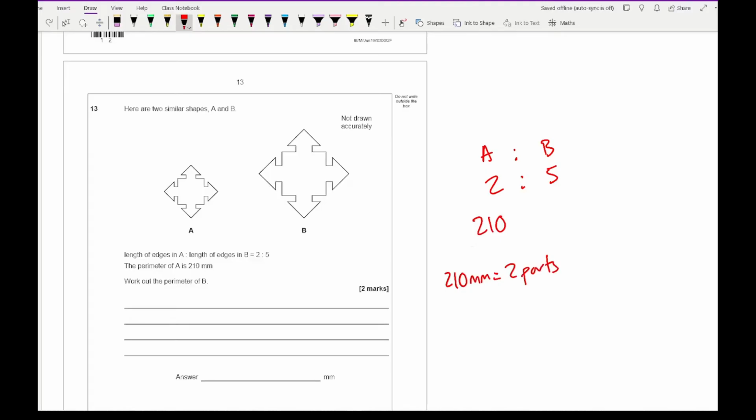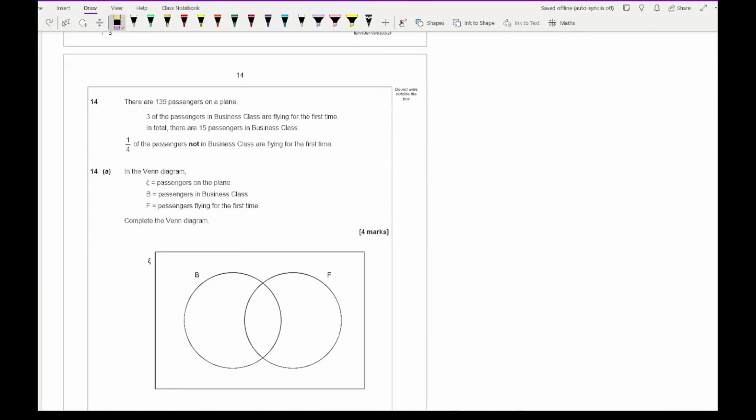Therefore one part is going to be 105 millimeters. Now to work out the perimeter of B, all I then need to do is work out what 5 parts are going to be. Now how do I do that? Well, all I need to do is just multiply this number by 5. So I've got 105 times 5, which gives me the correct answer of 525.